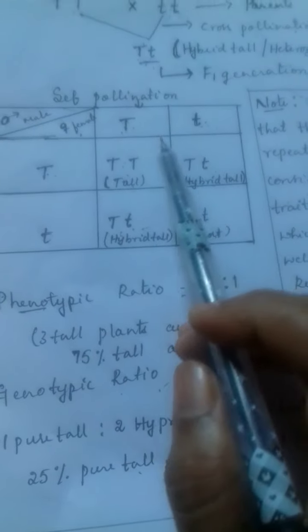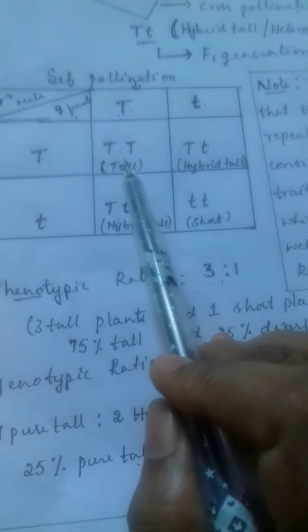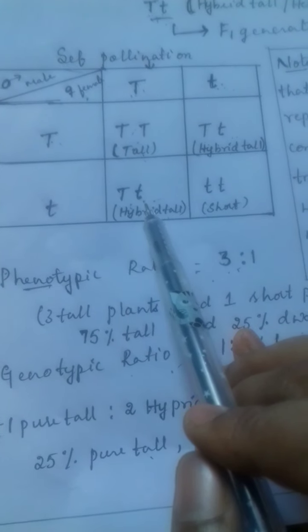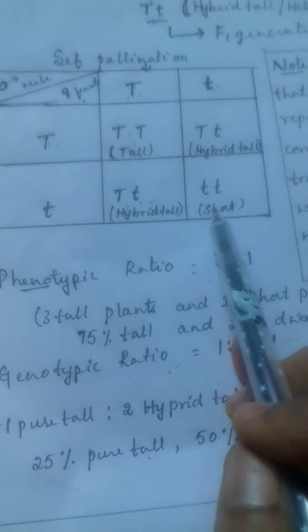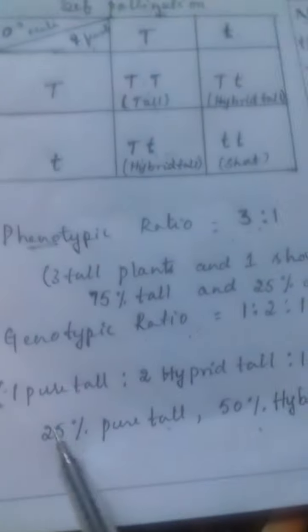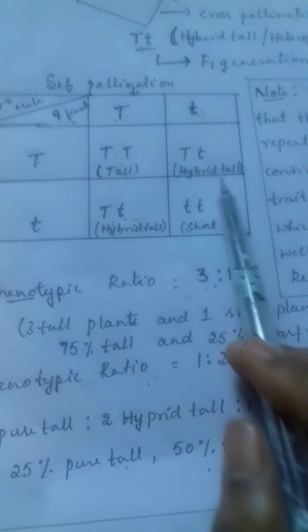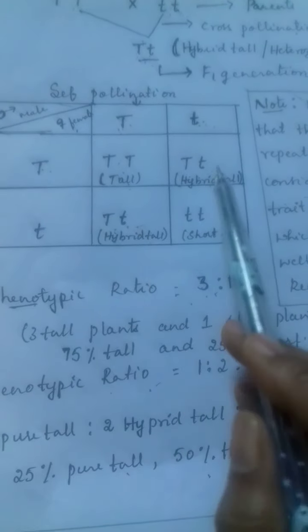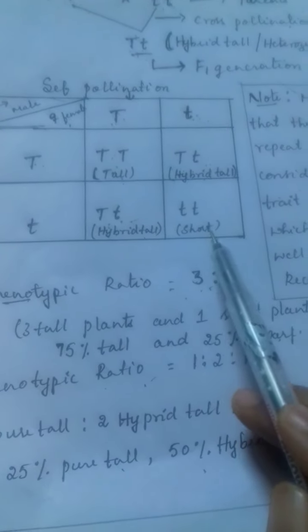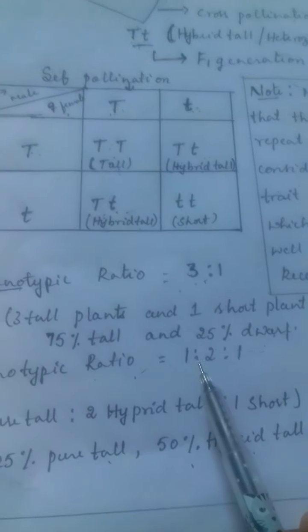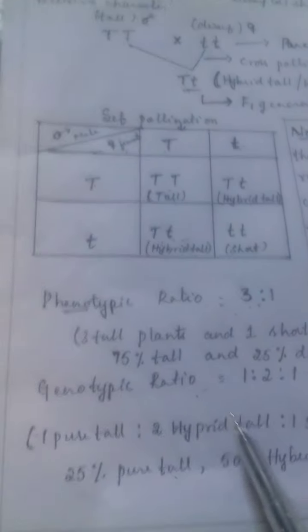Genotype means we look genetically. This is a pure tall plant, this is a hybrid tall plant, this is a hybrid tall and this is a short plant. So in the genotypic ratio, one pure tall plant, two hybrid tall plants, and one short plant. So the genotypic ratio of monohybrid cross is 1:2:1.